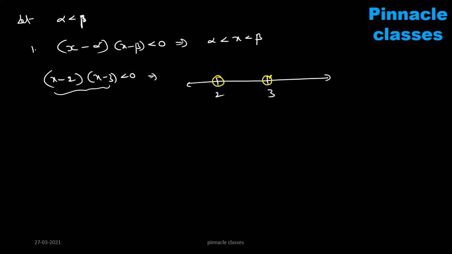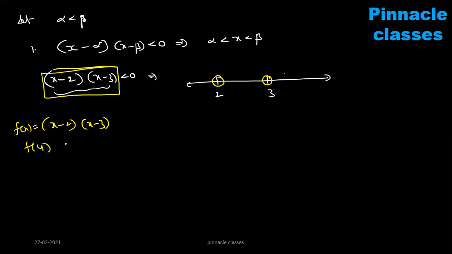Okay. Take any number more than 3, like 4, 5, 6, up to 100, 3.1, anything, and put this value in this expression. How much is coming here for x minus 2 into x minus 3? What is your answer? Consider this is f of x. What is f of 4? 2 is coming. Take any one number that lies between 2 and 3, like 2.1, 2.2, 2.9, 5 by 2.